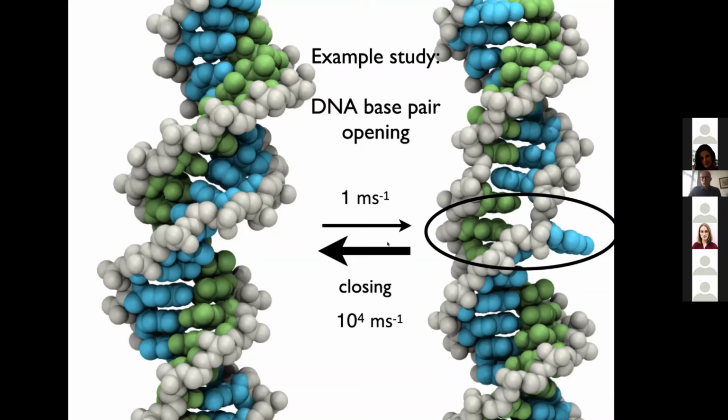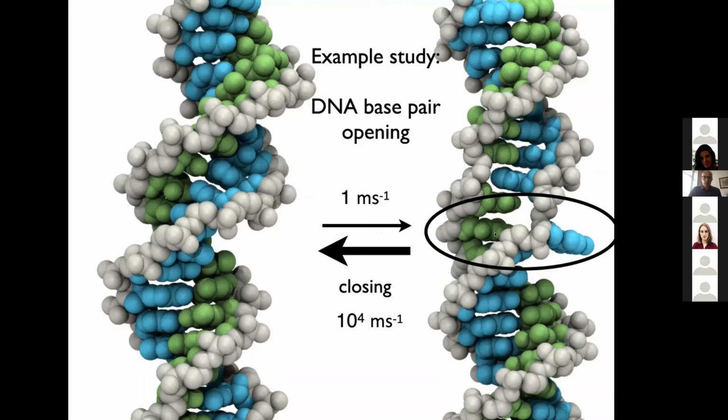If you know your statistical mechanics, you can see then it's open only a 10 to the -4 fraction of the time. So that's very infrequent. This means experimentally you can't see any of these states except through NMR, which sees exchange happening on atoms that are no longer buried inside the double strand.